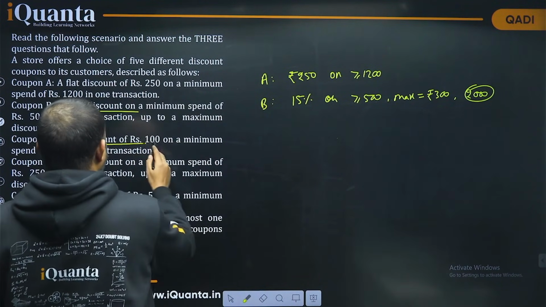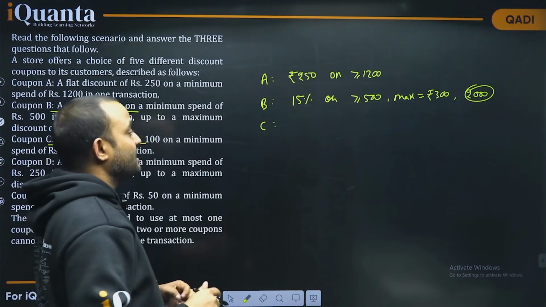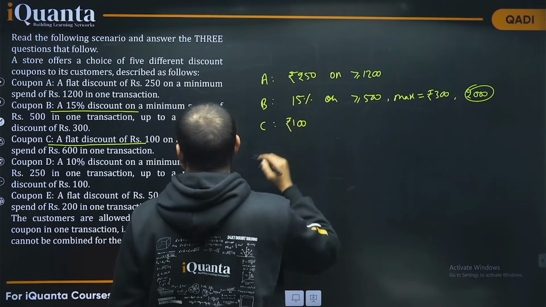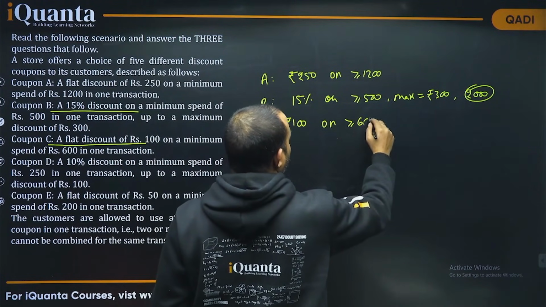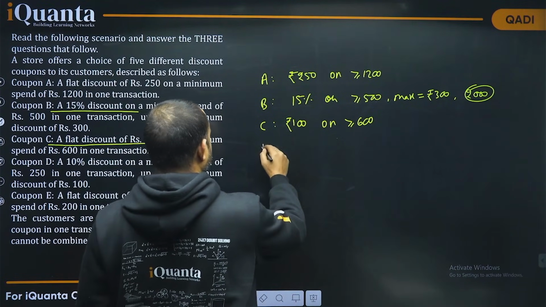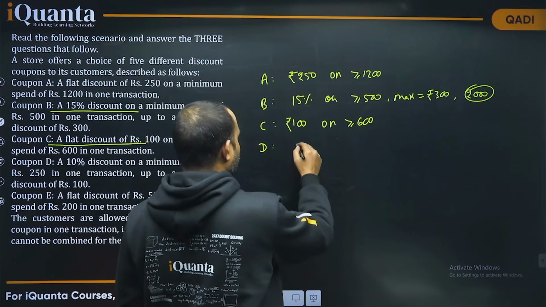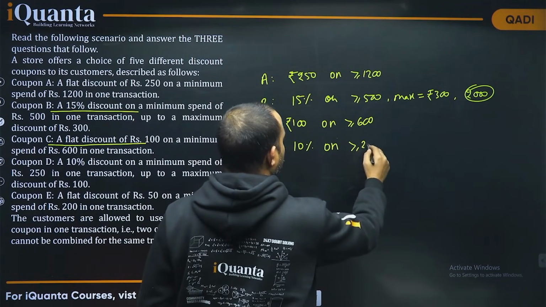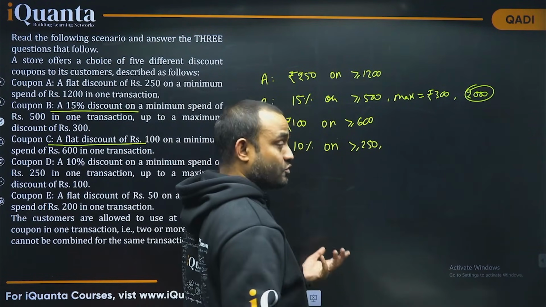Coupon C, a flat discount of 100 rupees on a minimum spend of 600 in one transaction. Okay, this is very easy. There is nothing much going on in this discount. 100 rupees on greater than or equal to 600 of transaction. Coupon D, 10% discount on a minimum spend of 250 rupees. So 10% on greater than or equal to 250 up to a maximum discount of 100 rupees.